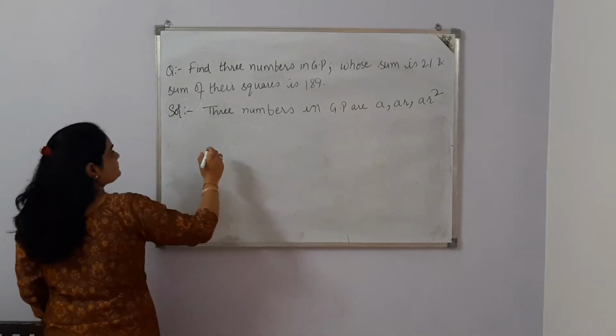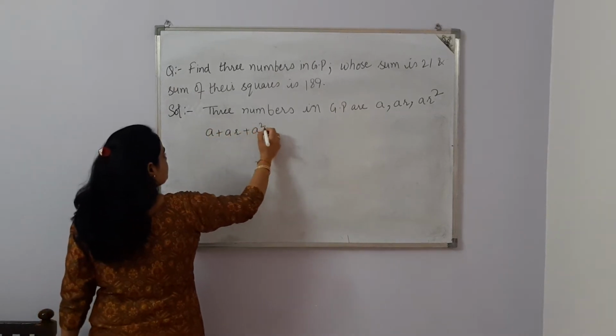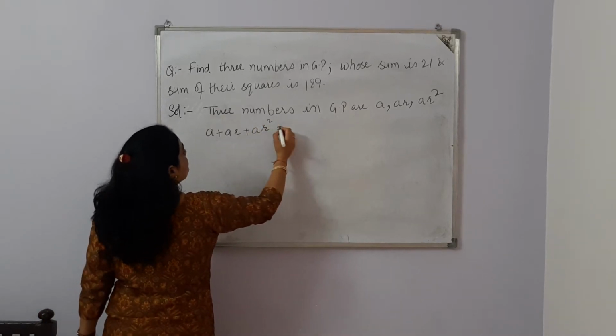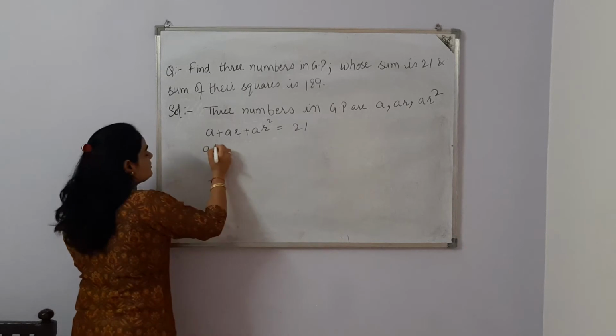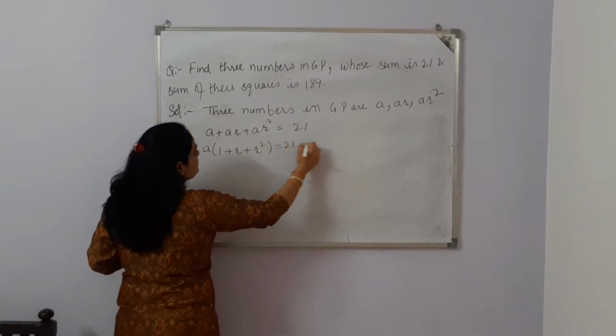Now the sum is 21. a plus ar plus ar square is equal to 21. Can I take a as common? a(1 plus r plus r square) is equal to 21.